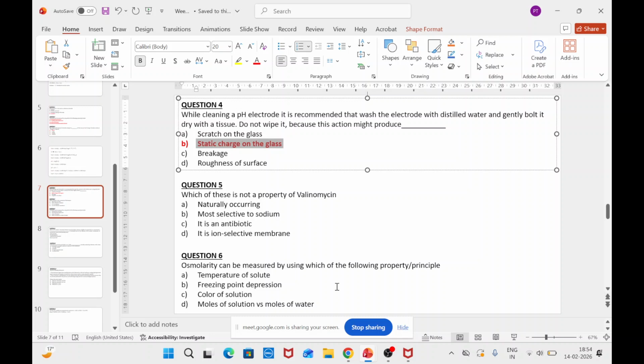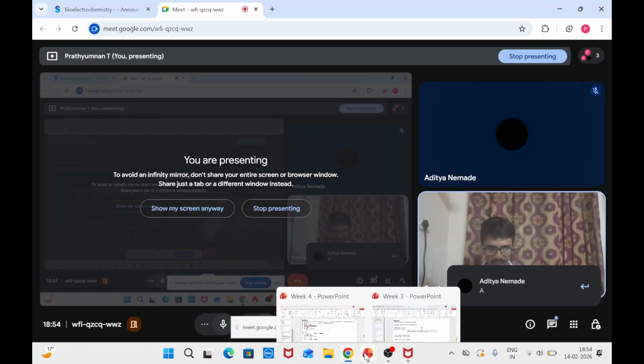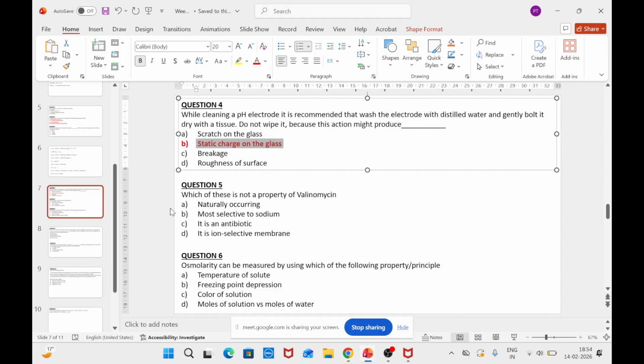No, valinomycin is a naturally occurring antibiotic. It's not a synthetic one.